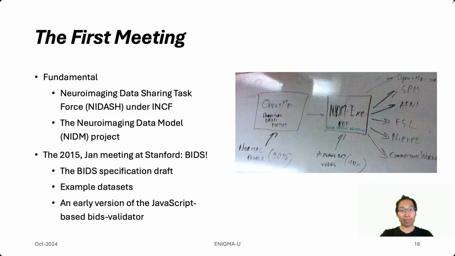Starting from that concept, the team drafted the first version of the BIDS specification, prepared several example datasets, and developed an early version of the JavaScript-based BIDS validator. With BIDS, on the one hand, the dataset owner can transform their dataset according to the guidelines and examples, while on the other hand, the platform admin can validate the uploaded dataset using the tool.